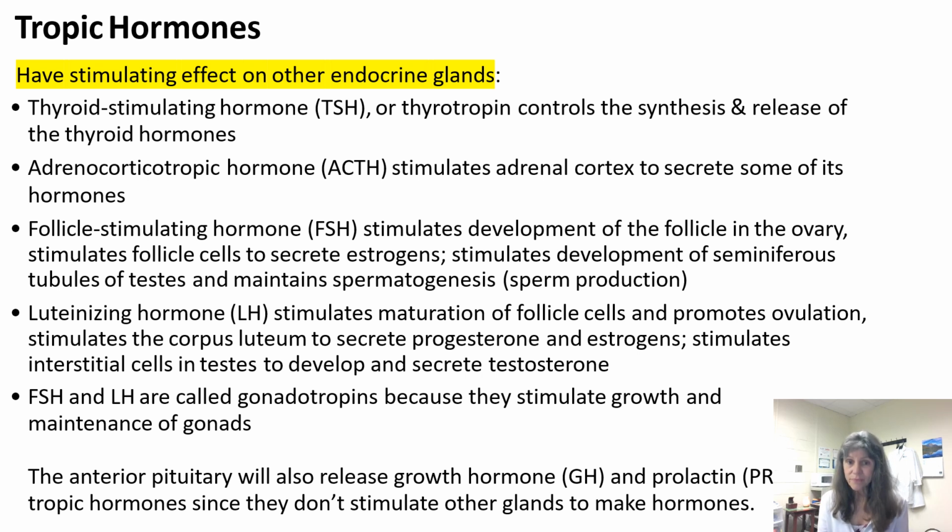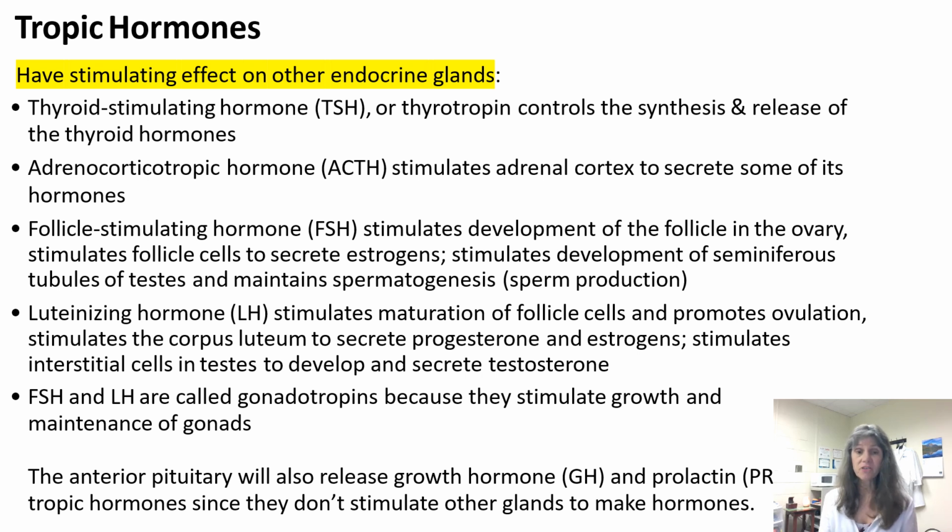Luteinizing hormone helps to stimulate follicle cells in ovaries to mature, and it also stimulates ovulation, which is the release of the ovum, and it stimulates a special area of the ovary that has released the egg, known as the corpus luteum, to secrete the hormones estrogen and progesterone.